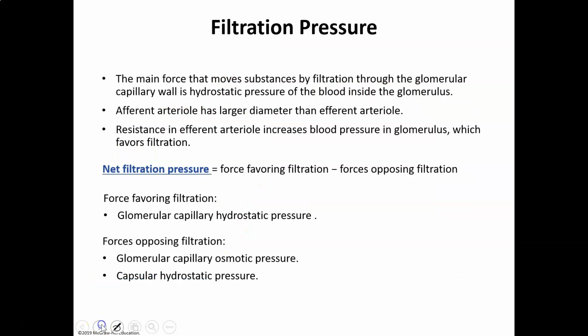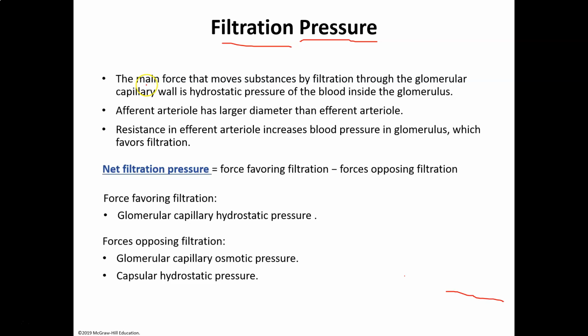All right. Now, in order to push things through the fenestrae inside Bowman's capsule, you have to have a pressure. All right, so filtration pressure. So what are the pressures on that?